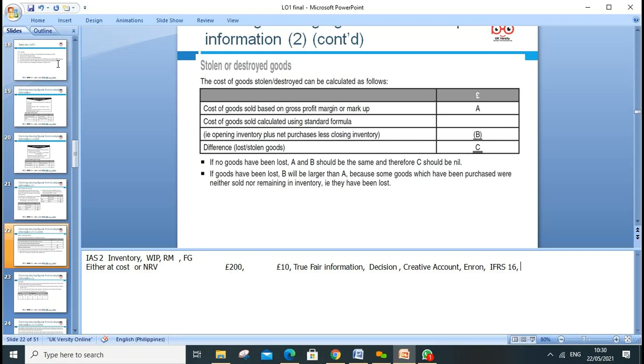Now IFRS 16 says you should record an asset and a long-term liability, and then carry on reducing it every year, which reflects the liability and the asset for the long term. And in the notes, you should give the description as well, because that was kept off the balance sheet.